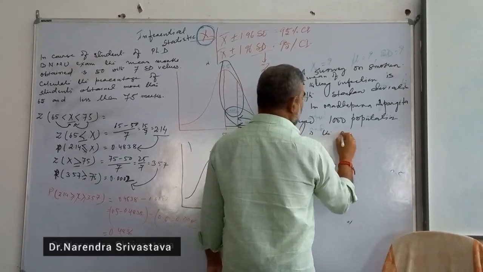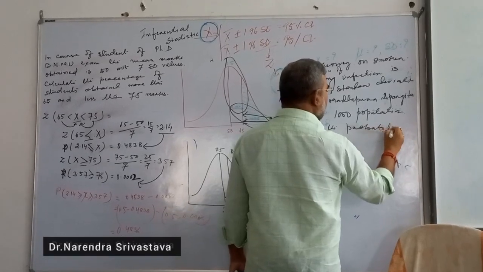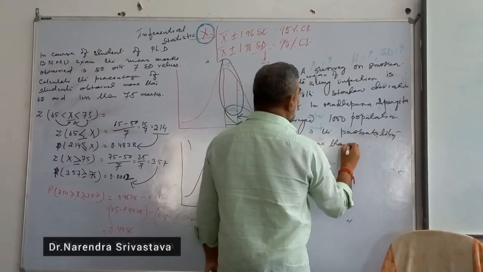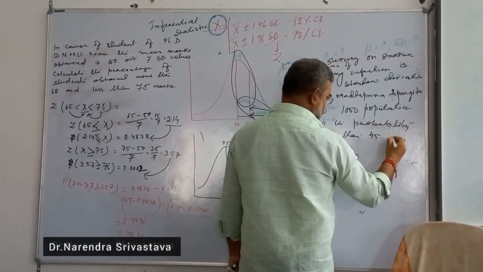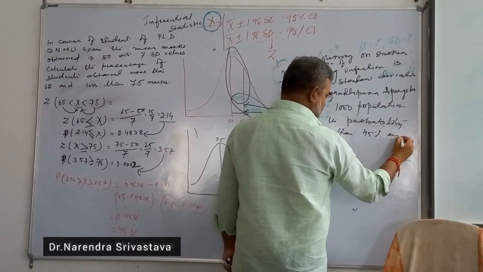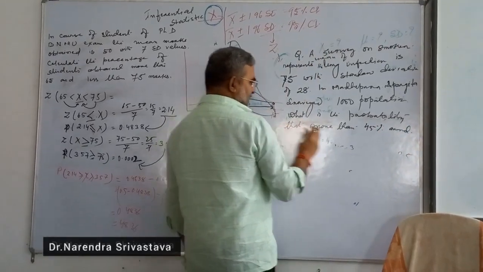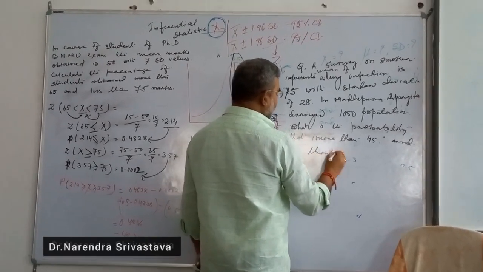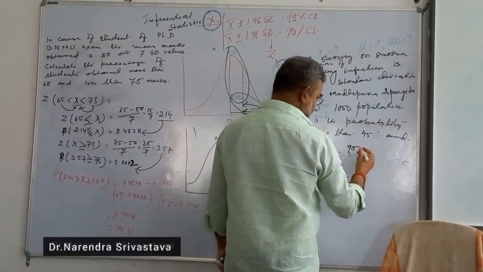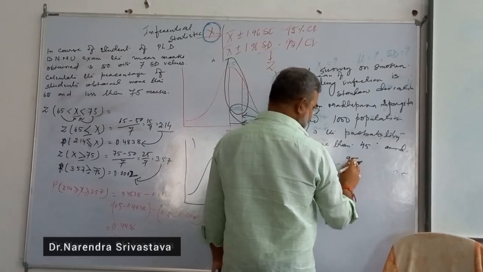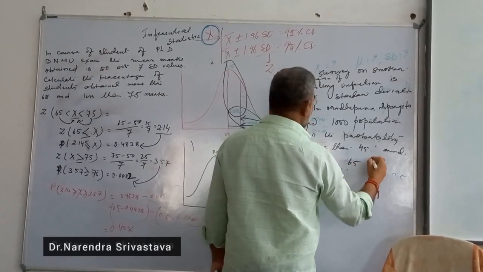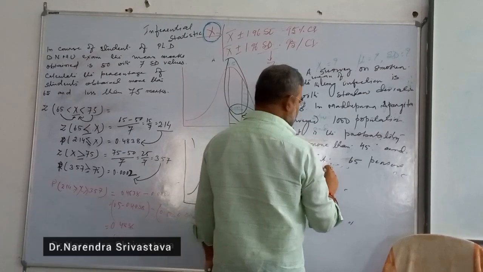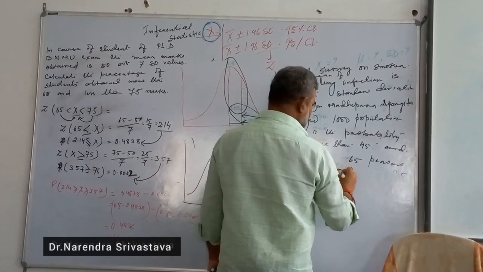What is the probability that more than 45% and less than 65% represent lung infection.